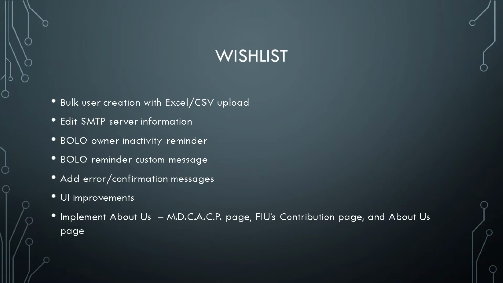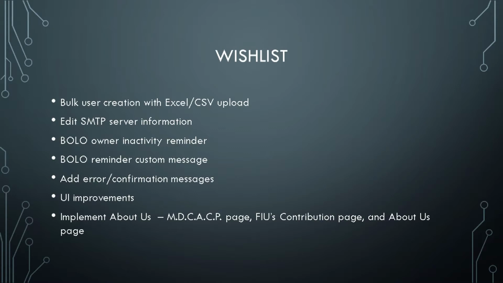section. So the first item in the wish list is bulk user creation with Excel CSV upload. These are features that in the future possibly we will be able to implement. They are not 100% necessary right now.